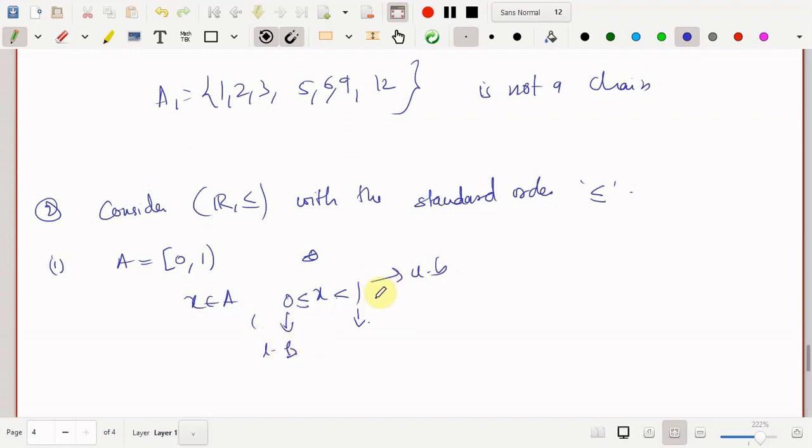You can see that 1 is not a part of this set, and in fact no upper bound lies in the set A, and therefore it does not have a maximum element; 1 is not a maximum in this case. Whereas 0 itself is a lower bound because for every element of A, 0 is less than or equal to that element, and 0 is the minimum too because it belongs to the set A itself.